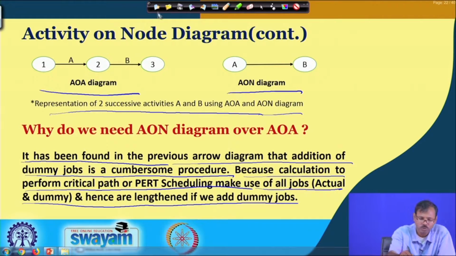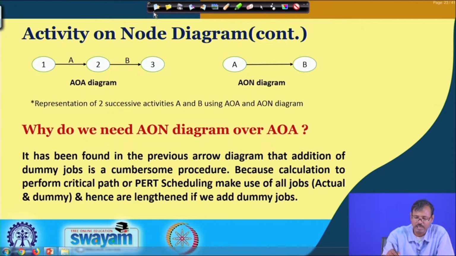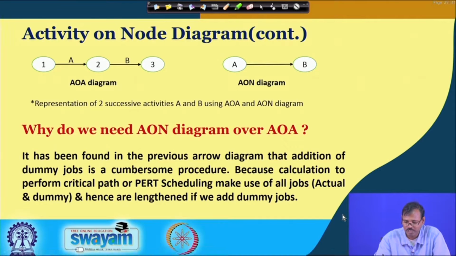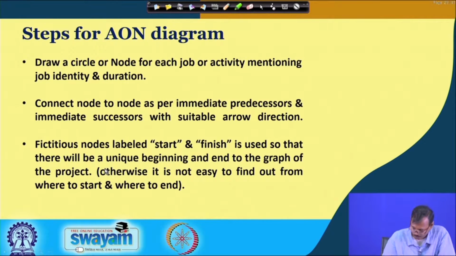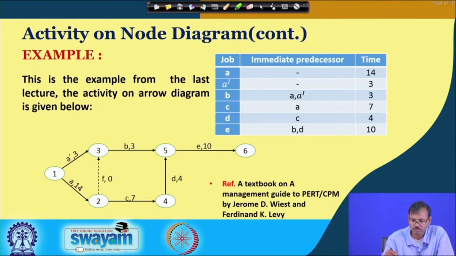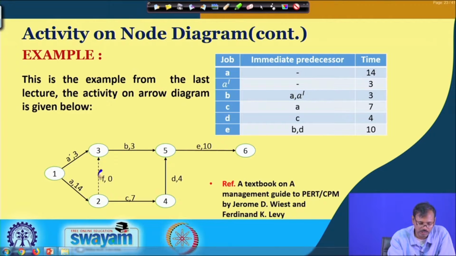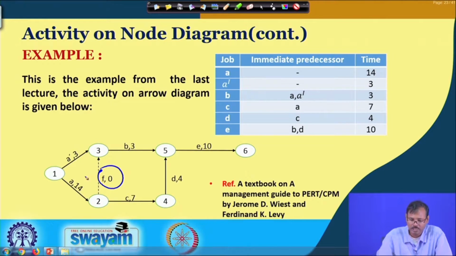So, using an activity on node diagram, we can eliminate the dummy job, and you can see with this example, in the activity on arrow diagram, this dummy job is required for this example which we have already discussed in the previous class.